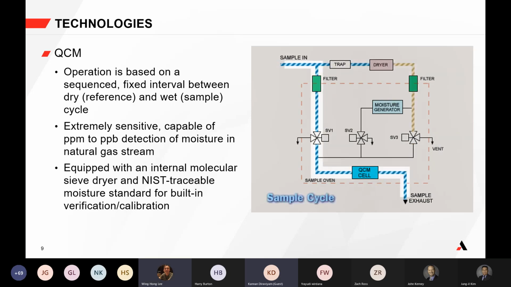The sampling system is equipped with an internal molecular sieve dryer and a NIST traceable moisture standard. The dryer provides zero reference for the dry cycle, and then the combination of the dryer and the moisture generator provides the built-in verification calibration function. The system provides an accuracy of 10% of reading.